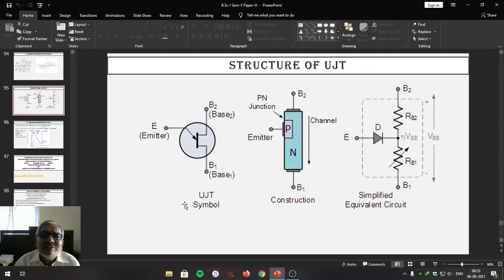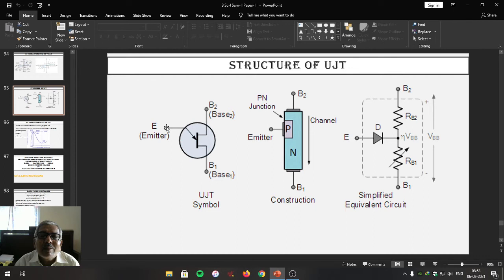So this is the circuit symbol which we will find in most UJT circuitry. Like the BJT, it has a symbolic representation.